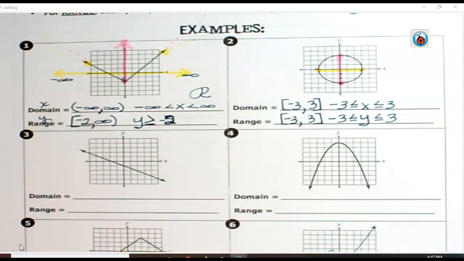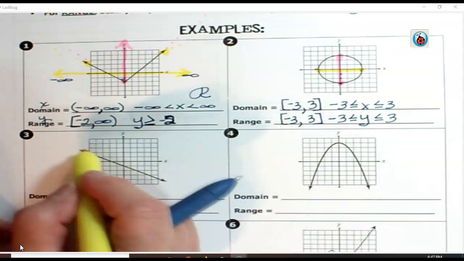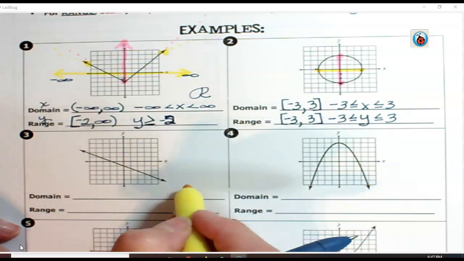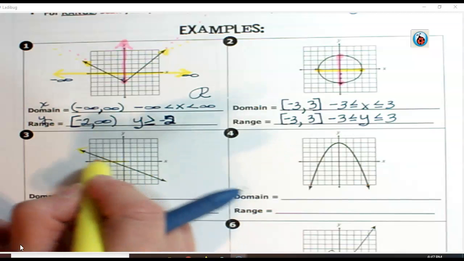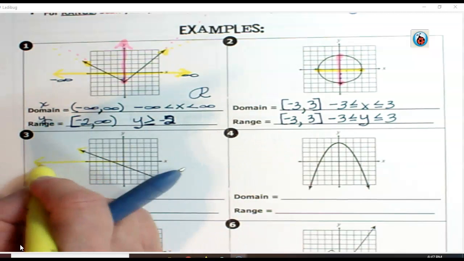All right, this time we have a line over here. Okay, if you remember back from Algebra 1, we worked on the domain and range before, but anyway, let's go through this. You're just looking at the x-axis and you're looking, does your figure have arrows on both sides? Yes, this one does, so that means it's going to continue going to the left side.